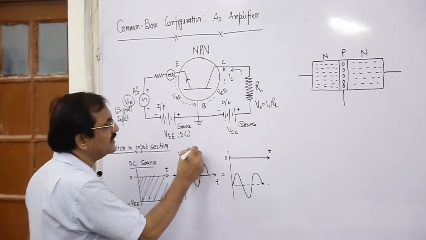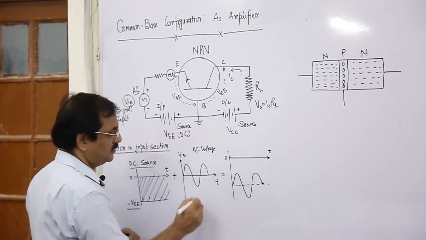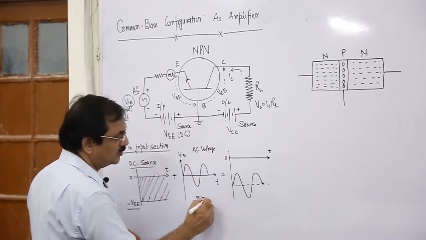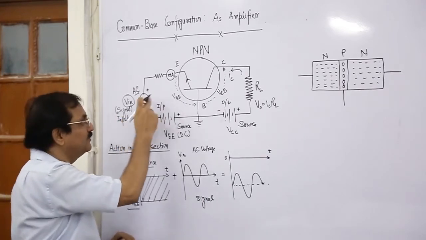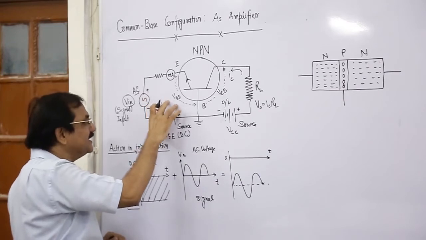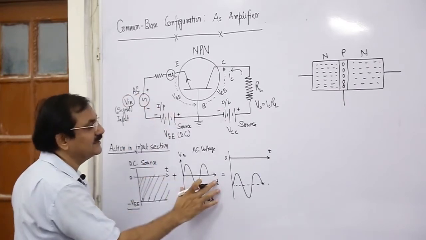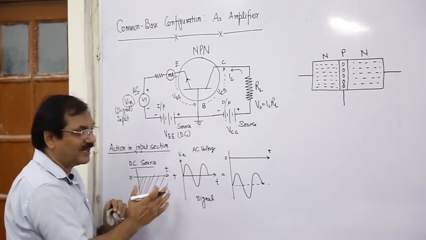And here it is AC voltage, that is the signal applied to the input section. So at this junction, this DC and this AC combine.